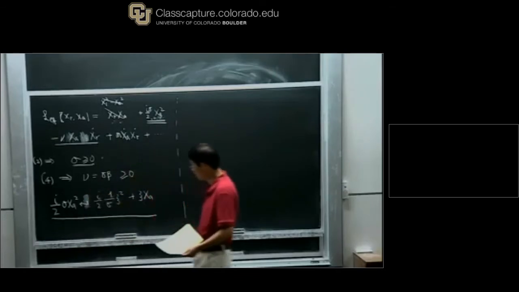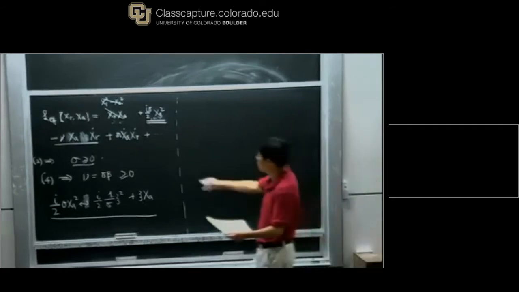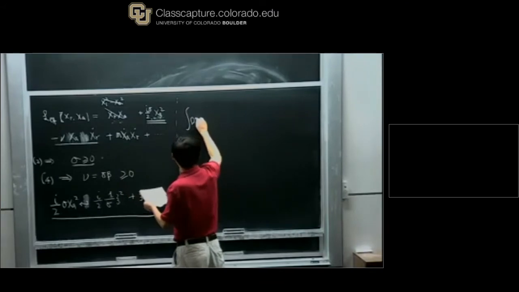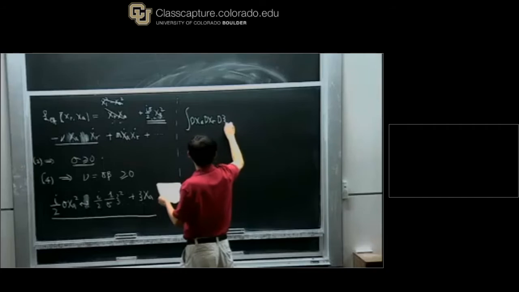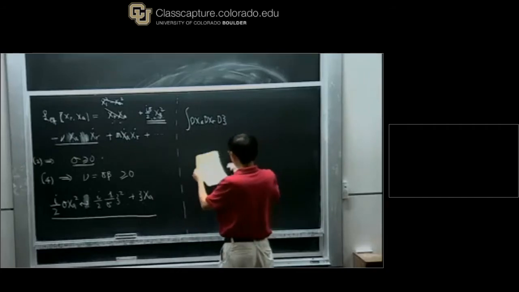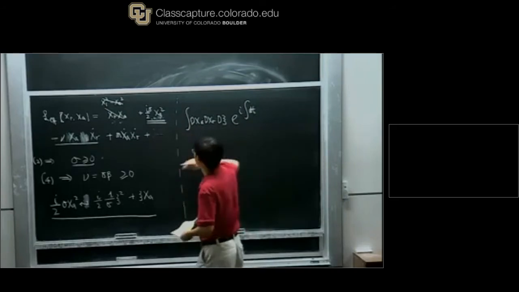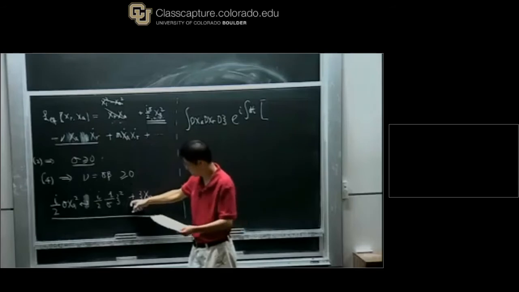So now, with this, let's write down the path integral. The path integral has the following form. I have dxa, dxr, dxi, and now I have exponential i dt. Let me just plug in this action, except now I replace this term by this term.